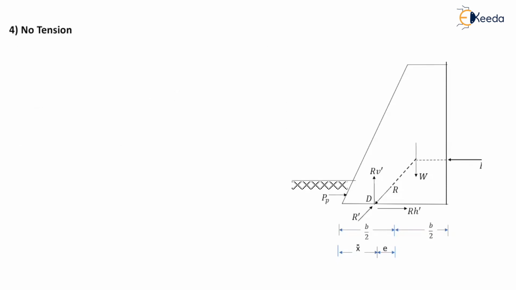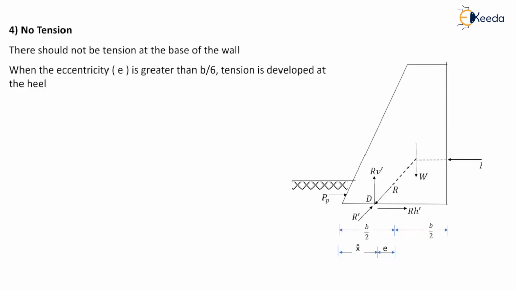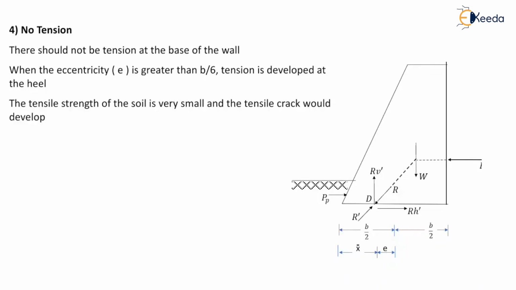The fourth condition is no tension. There should not be tension at the base of the wall. When the eccentricity E is greater than B by 6, tension is developed at the heel. The tensile strength of the soil is very small and a tensile crack would develop even at a small tensile stress.